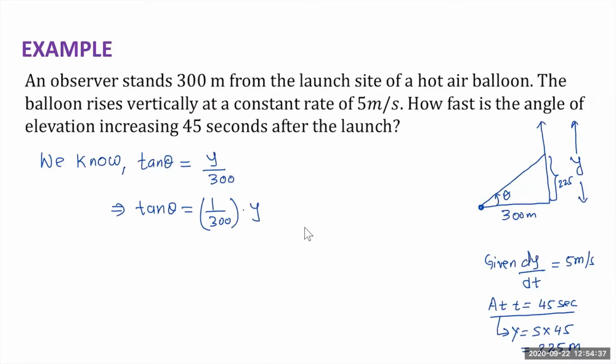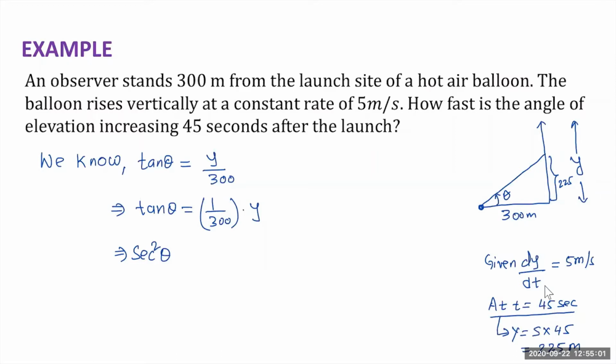Now this function, we can differentiate on both sides using implicit differentiation. We are differentiating with respect to time, because we are measuring the rate. The derivative of tangent theta is secant squared theta, because the derivative of tangent is secant squared.